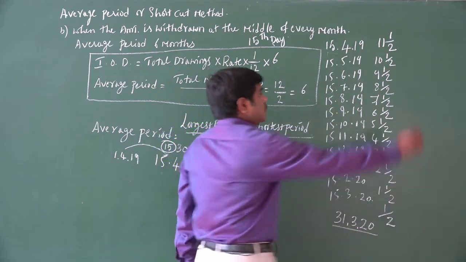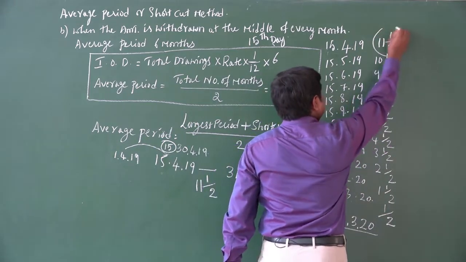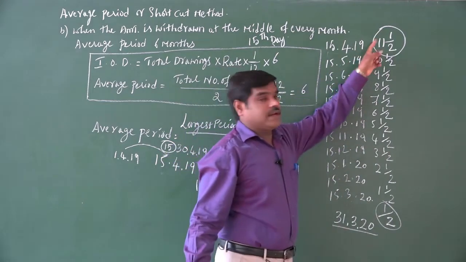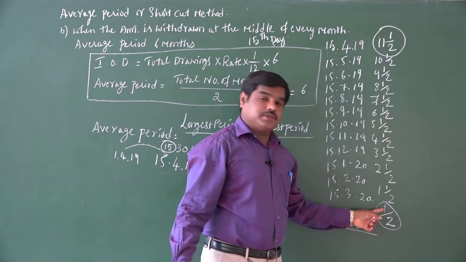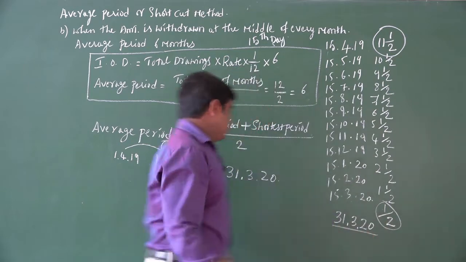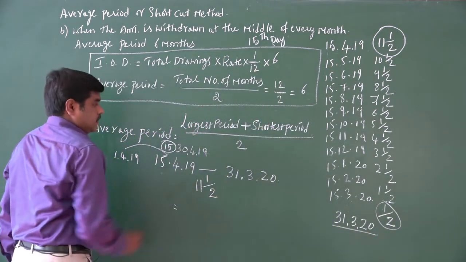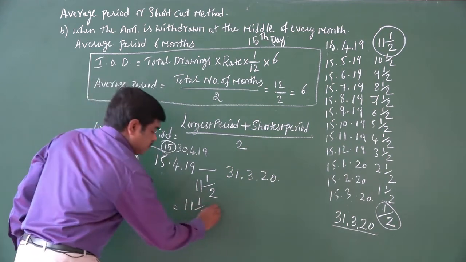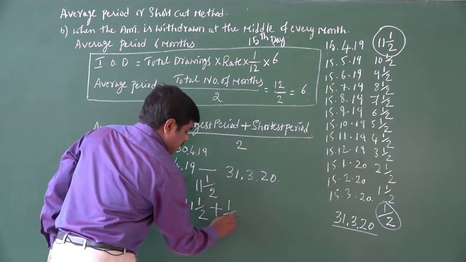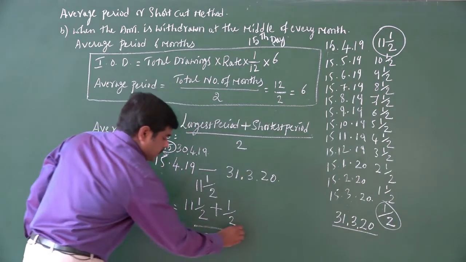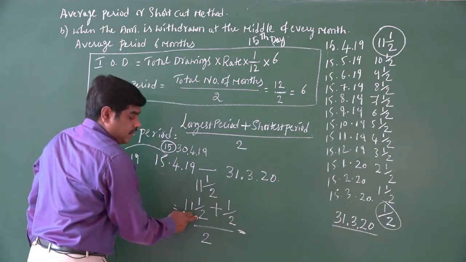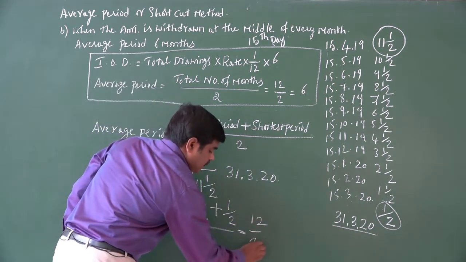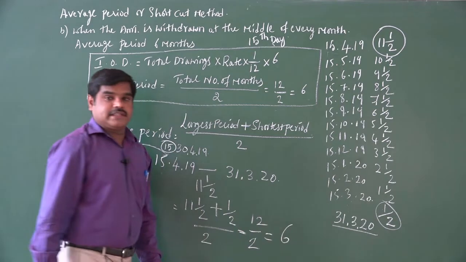So what you have to do is take the longest period and shortest period. The longest period is 11 and a half months, and the shortest period is half month. Longest period 11.5 plus shortest period 0.5 is 12, divided by 2, so of course you get 6.